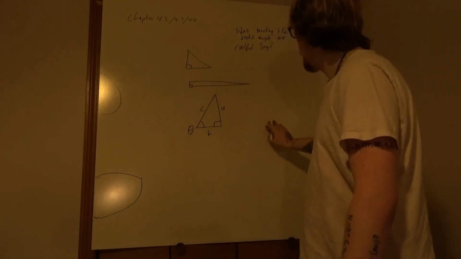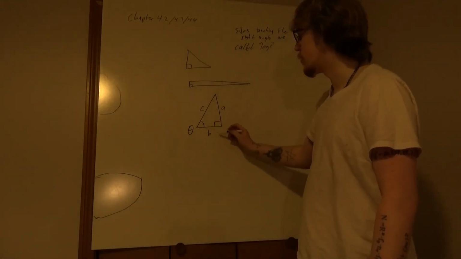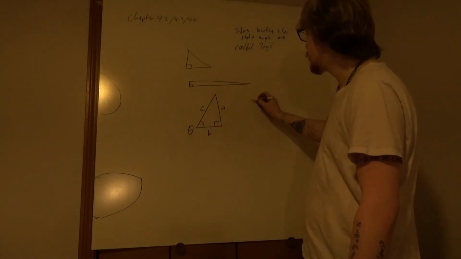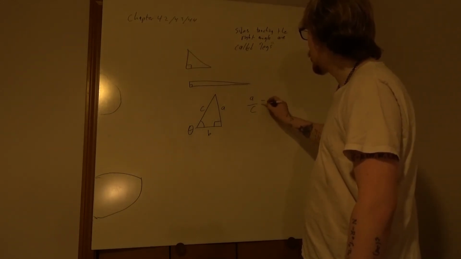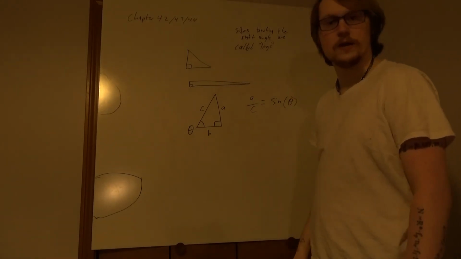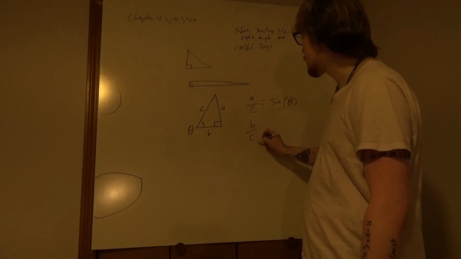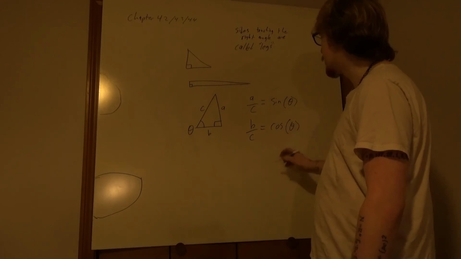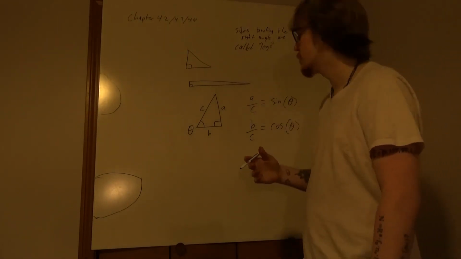We can say that if we are talking about this triangle, with respect to this angle, the ratio of A over C is the sine of theta. Likewise, B over C is the cosine of theta, abbreviated to sin and cos, but pronounced sine and cosine.